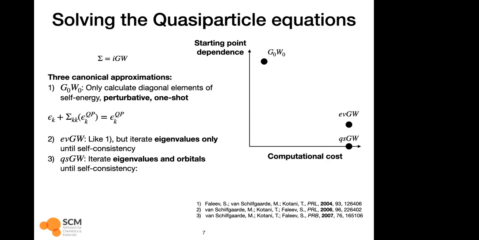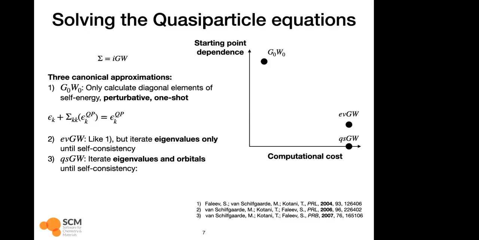But as you see on the right, I made a very nice graph where you basically see for these three approaches the starting point dependence, so the dependence on the Kohn-Sham orbitals with which you start your calculations, and you see the computational cost. G0W0 has a very strong starting point dependence, but of course it's also cheaper because we don't need to do it self-consistently.